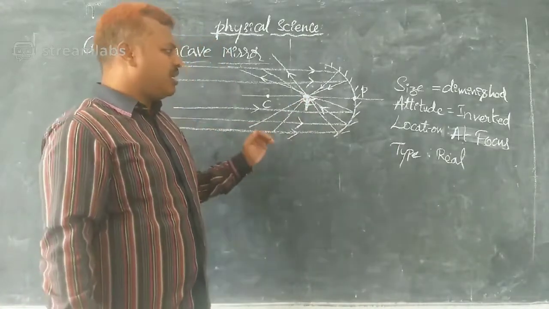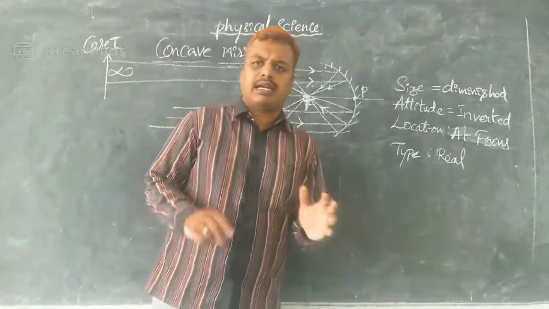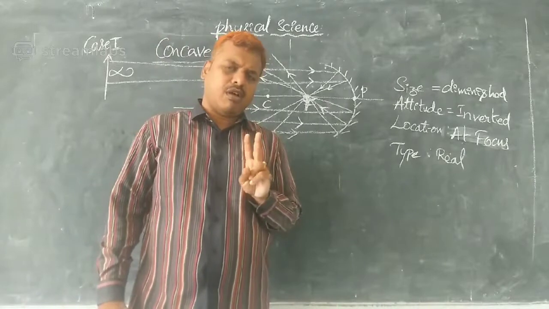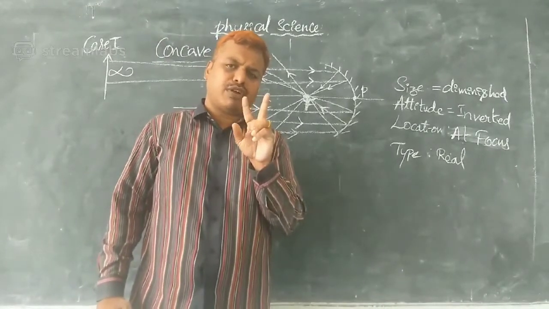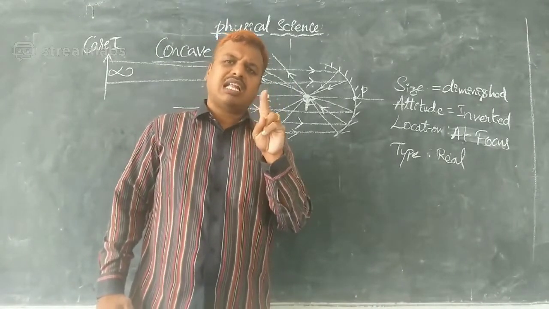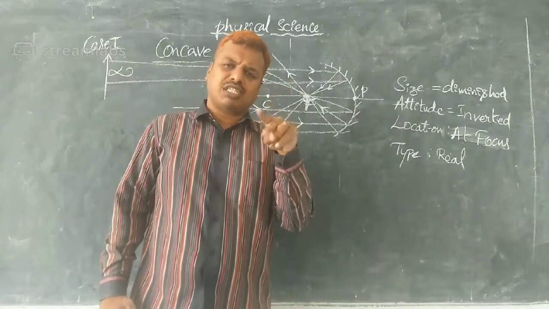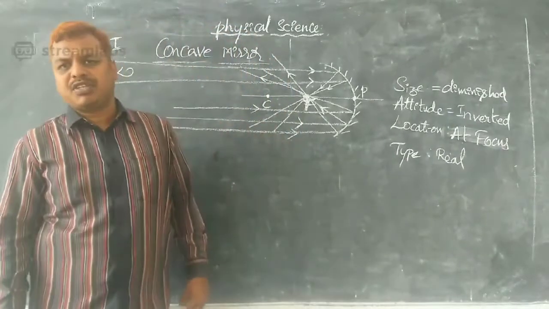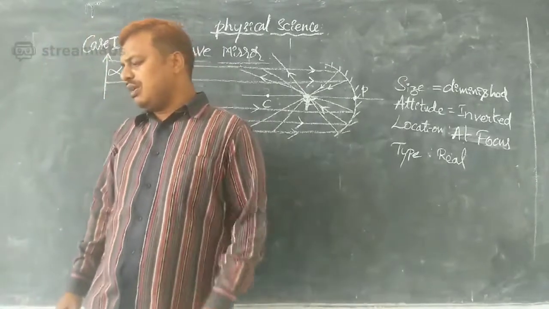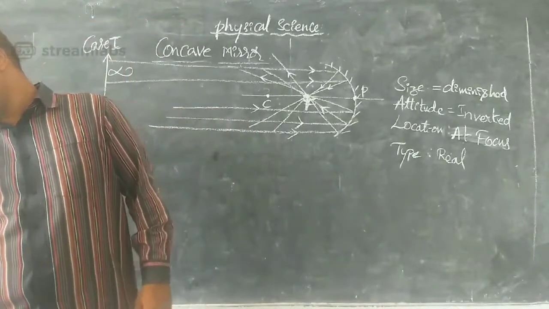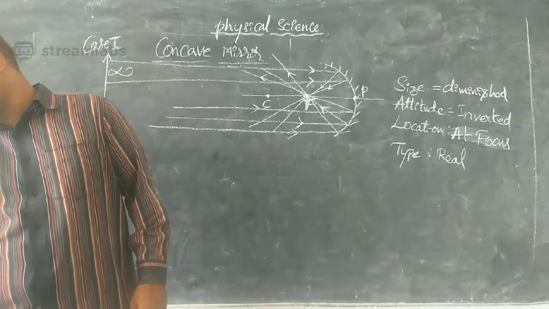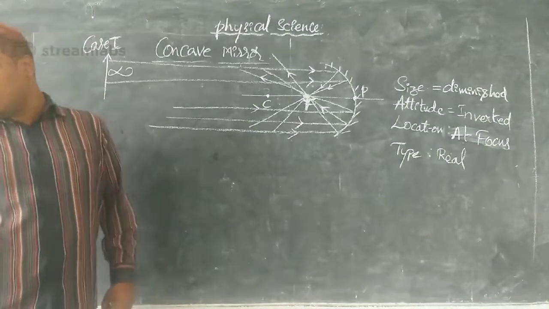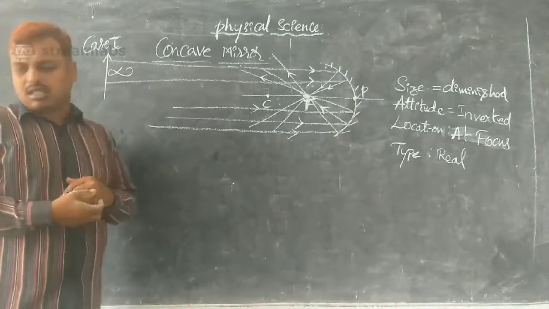Right. So actually, to draw this diagram, you require only two rays. One ray you need from the object, another ray we take from the focus, the light ray which is traveling from the focus. We'll take two lines only, from the object through the focus.